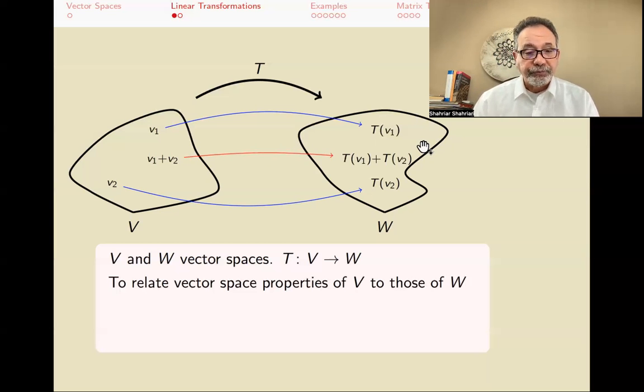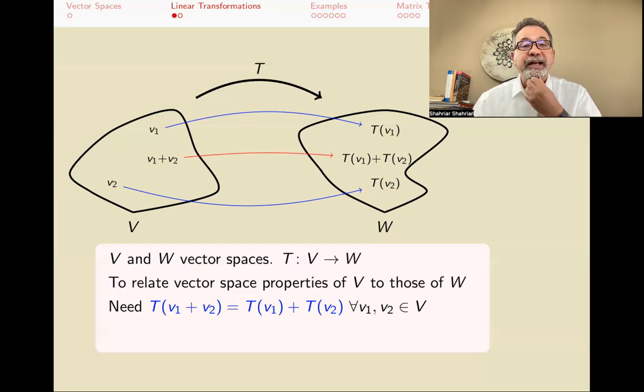This is the property of the function that I want. Functions in general don't have to have this property, but for these particular kinds of functions, I would like them to have the property that T of V1 plus V2 is T of V1 plus T of V2, no matter what V1 and V2 in V I pick. The upside down A means for all.